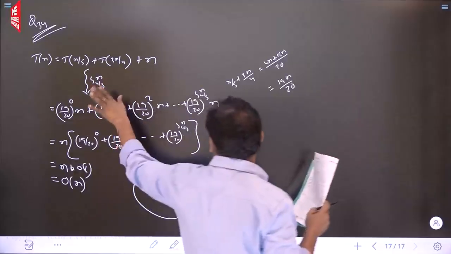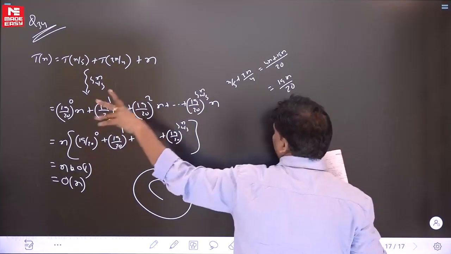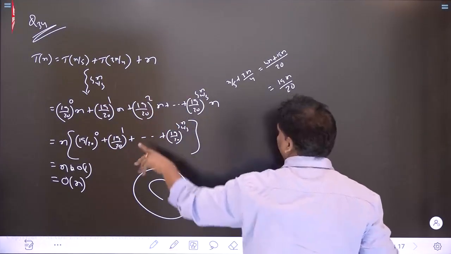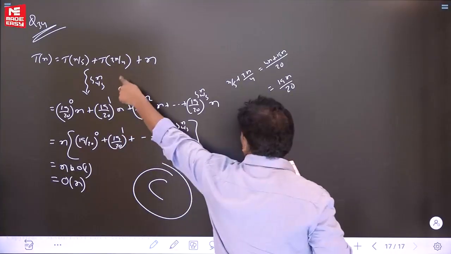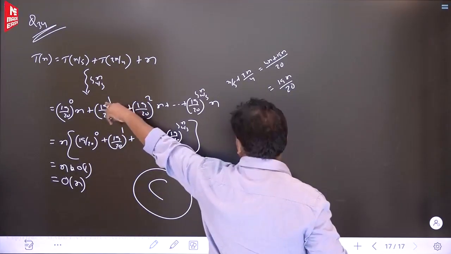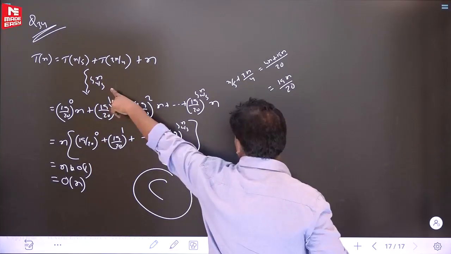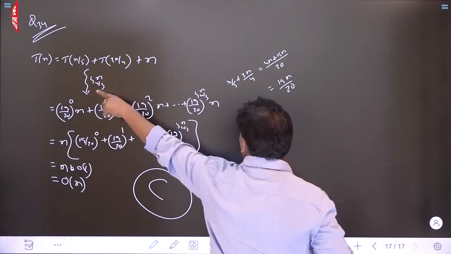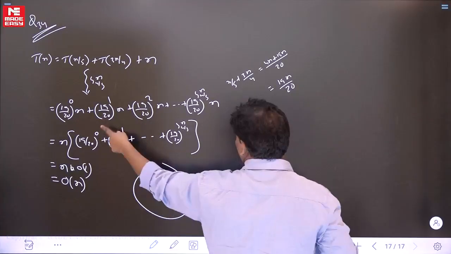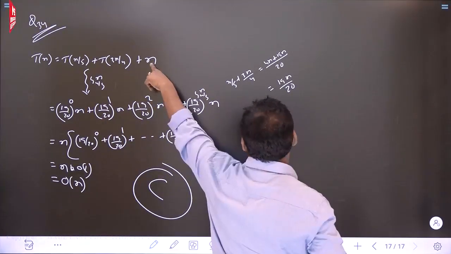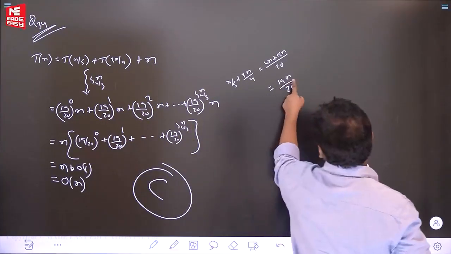The thing I did is I applied the recursive tree method, because for many problems I told you the answer directly. If you do log n base 4 by 3 times, because base 4 by 3 is bigger, I am giving the upper bound. So this kind of series will come. Some people are asking how you know. First level cost is n, but second level cost is 19n by 20.